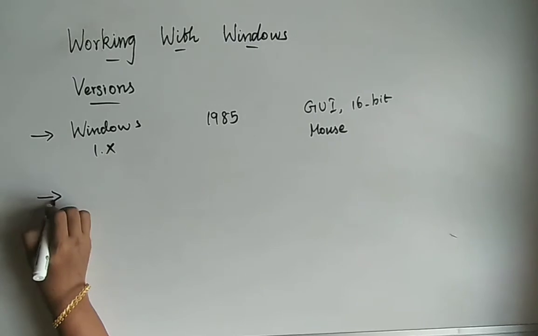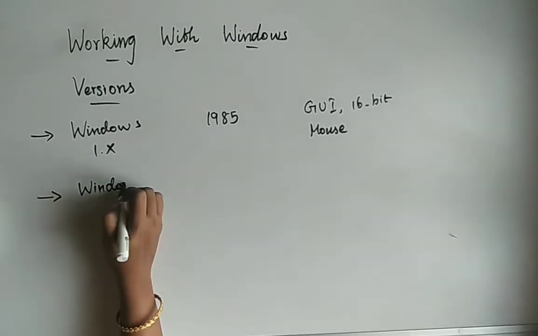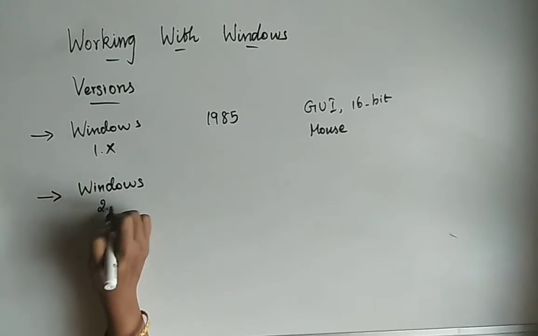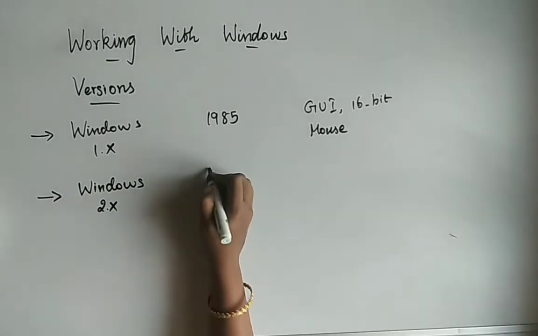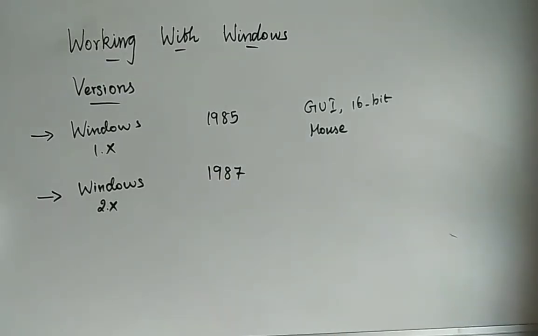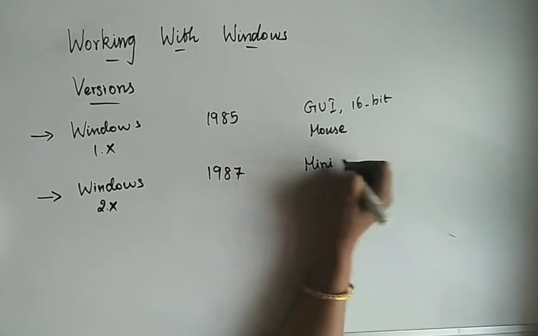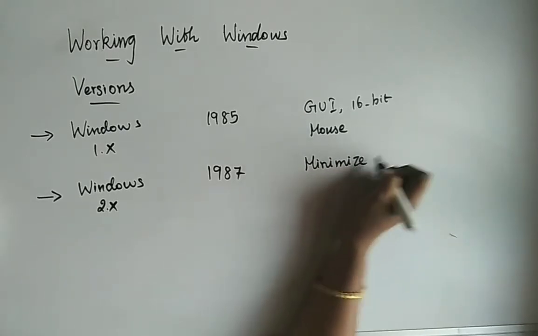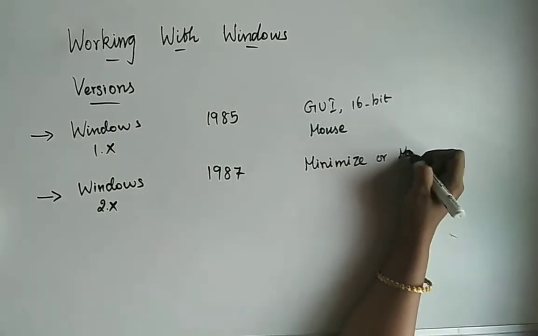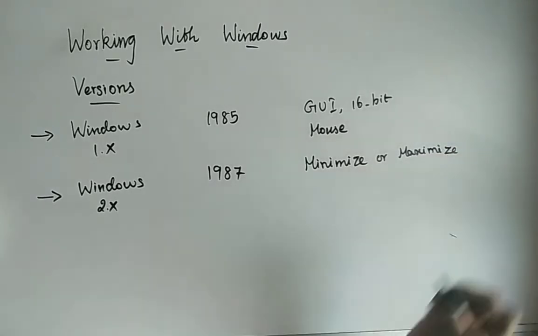The next one is Windows 2.x, and it was introduced in the year 1987. In this version it starts to support minimize and maximize.